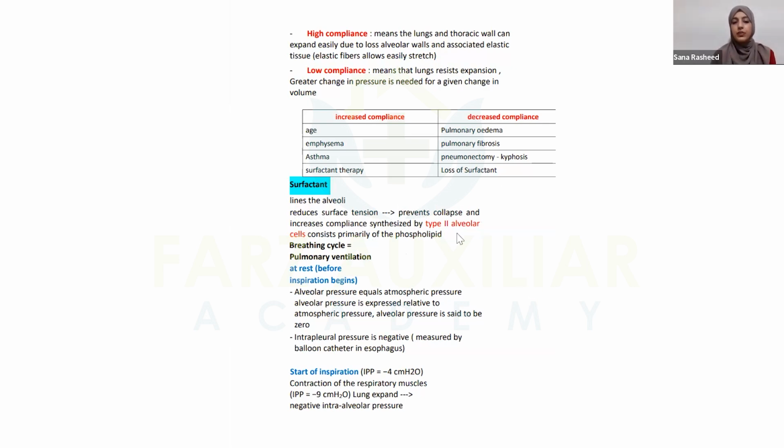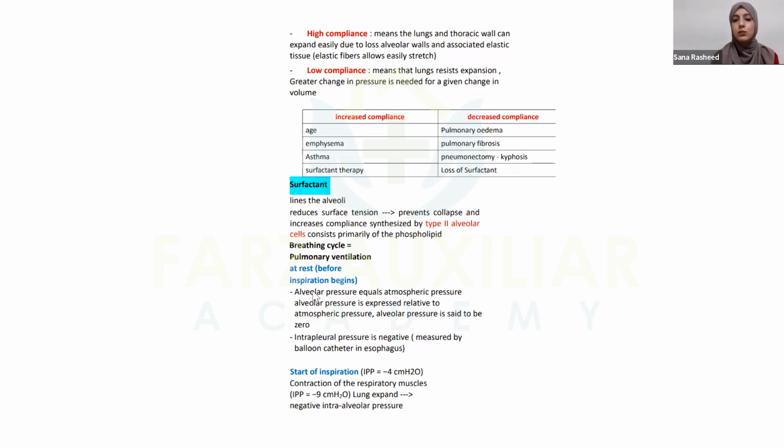All right, so now moving to the breathing cycle. At rest, when we are normally breathing, the breathing cycle is pulmonary ventilation. Now we are going to discuss the physiology at rest, what happens during inspiration and then expiration as well.